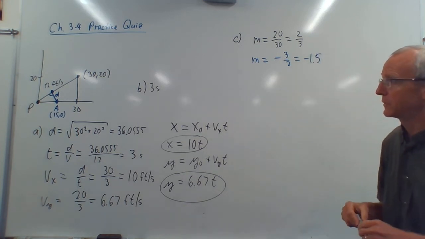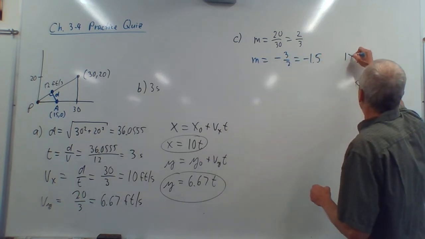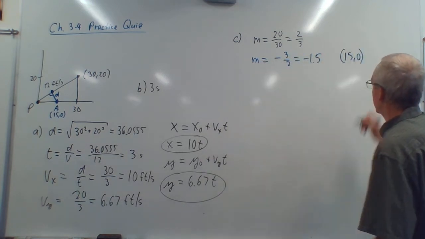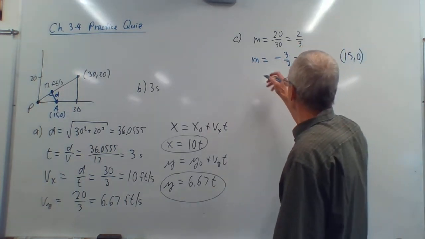Okay, now we know the slope of the blue line, and we know a point. We have a point 15, 0, where Ava is standing. Now we can figure out the equation of the line for the blue line.